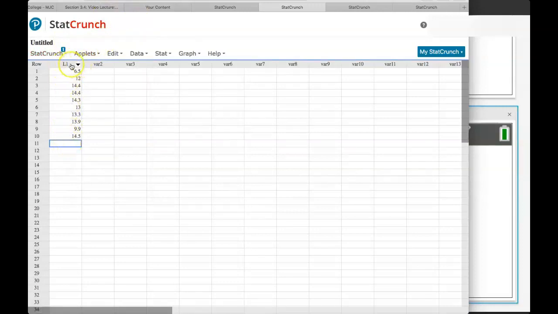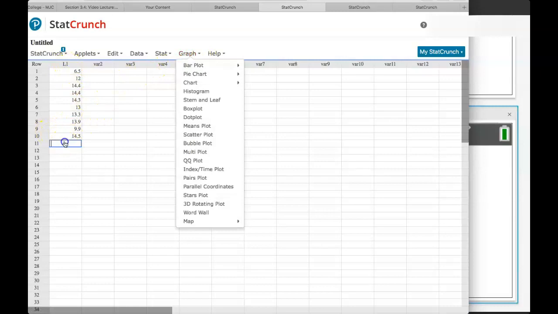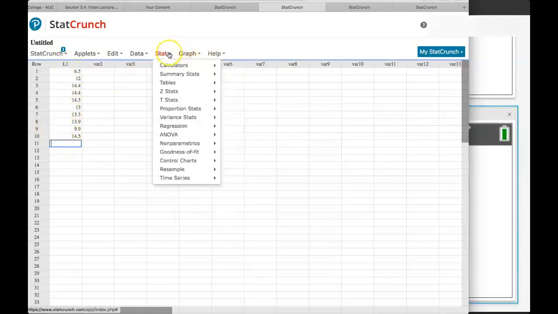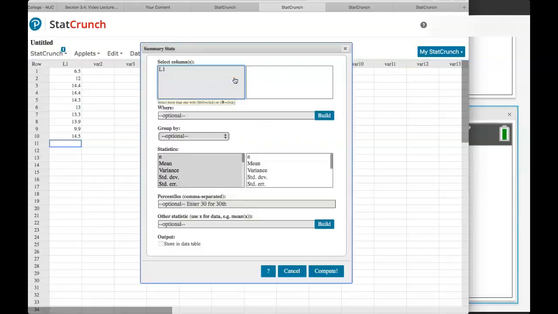I changed the name and entered L1. You can change the name to anything you want. Since I had L1 in the calculator, I use the same thing. Then after that, we have these data. After that, Stat, Summary Stats, Columns. Choosing that one, you should have this L1 here on the right side.